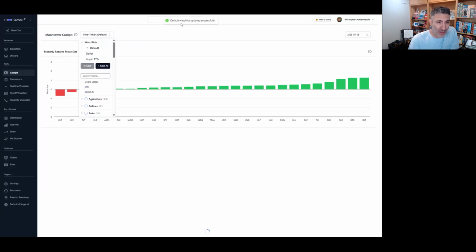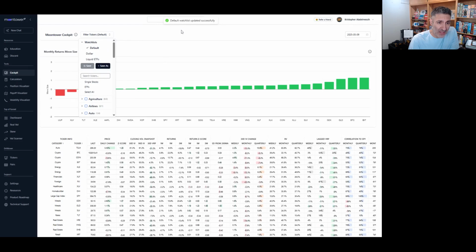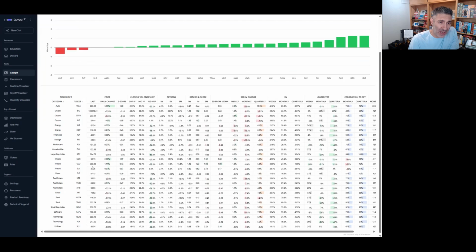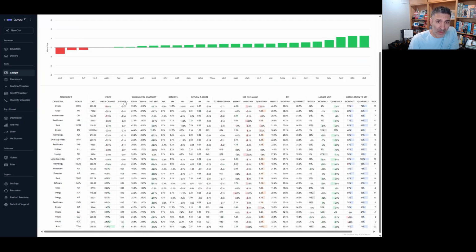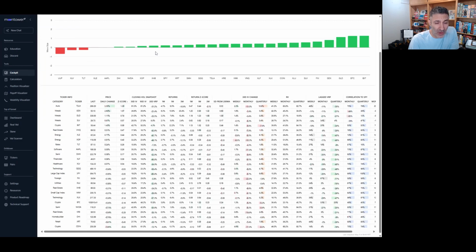When I take that off, let's say I wanted to add DHI to the home builders. I click that guy and hit save, and it says updated successfully. So now my default list, which is all these names, will have DHI included in it. So if I hit Z-score, I just see what's going on in the market when I log in the morning.